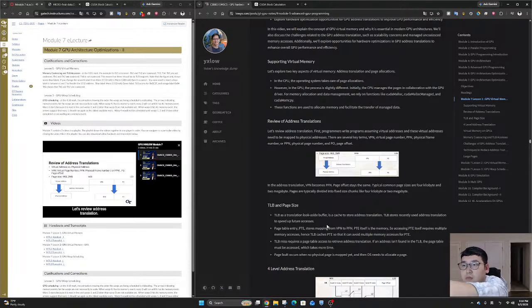Let's review address translation. First, programmers write programs assuming virtual addresses, and these virtual addresses need to be mapped to physical addresses.